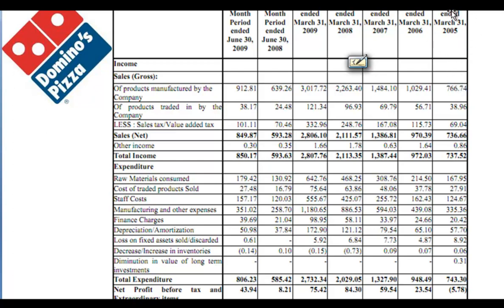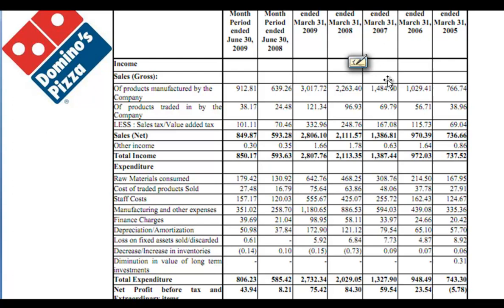Typically the calendar year starts in January and ends in December, but companies' financial years really depend. Most of them roughly start in March of one year and end in March of the next year. So when they say year ended March 31, 2005, that really means this is the statement of operations, the profit or loss statement, for this company from March 31st, 2004 to March 31st, 2005.